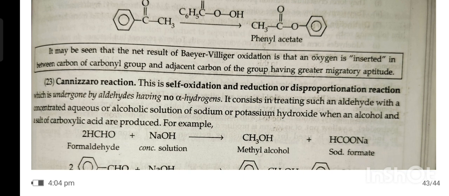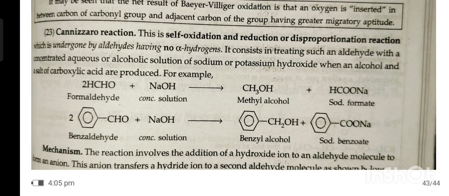Cannizzaro reaction. This is a self-oxidation and reduction, or disproportionation, reaction which is undergone by aldehydes having no alpha hydrogen. It consists in treating such an aldehyde with a concentrated aqueous or alcoholic solution of sodium or potassium hydroxide, when an alcohol and a salt of a carboxylic acid are produced.